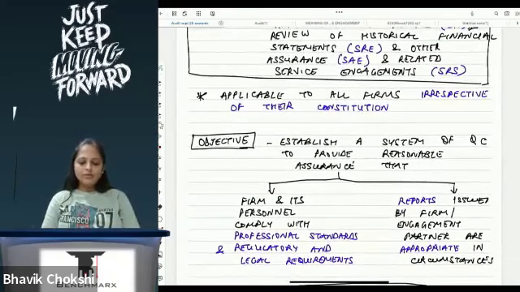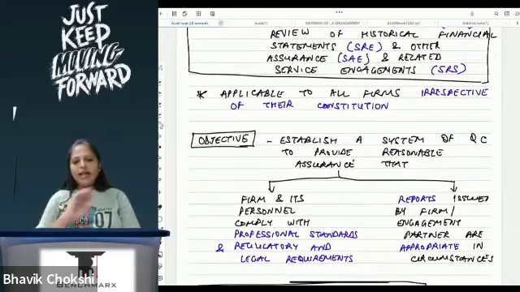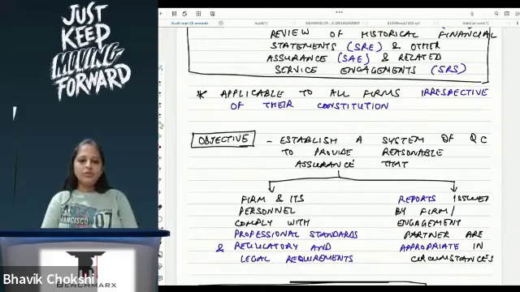Below that write down first bullet, objective, no, not objective, sorry. First bullet write down applicable to all firms, with a different pen write down irrespective of their constitution.